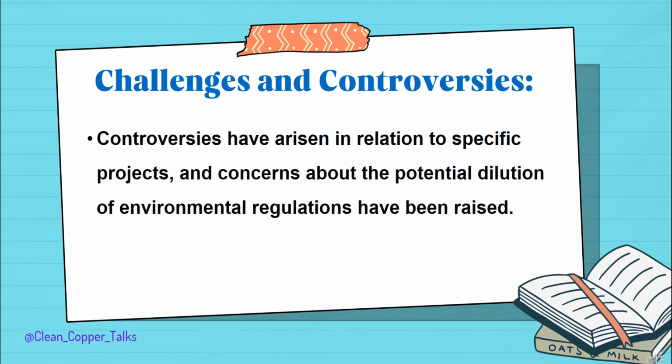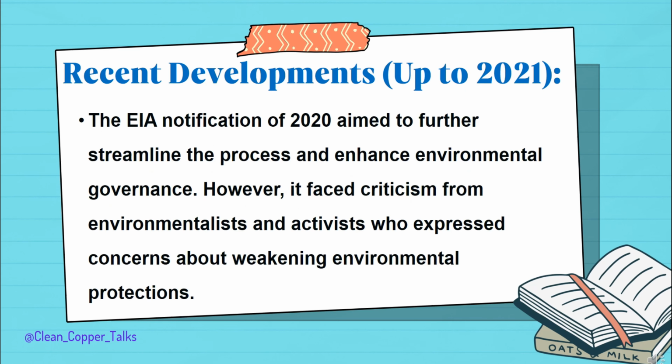Controversies have arisen in relation to specific projects, and concerns about potential dilution of environmental regulation have been raised. The draft EIA 2020 notification aimed to further streamline the process and enhance environmental governance. However, it faced criticism from environmentalists and activists who expressed concerns about weakening environmental protections.